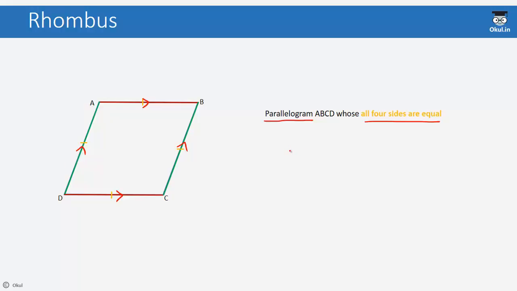The conditions for this quadrilateral to be a rhombus are AB parallel to CD, AD parallel to BC, and AB equals BC equals CD equals DA. If all these conditions are fulfilled, then I can say that a particular quadrilateral is a rhombus.